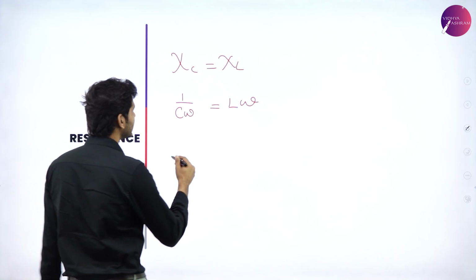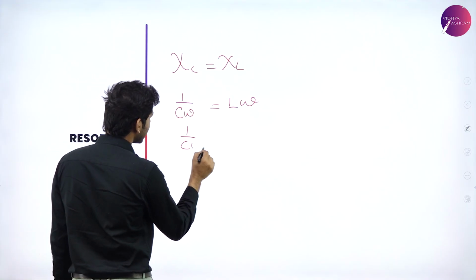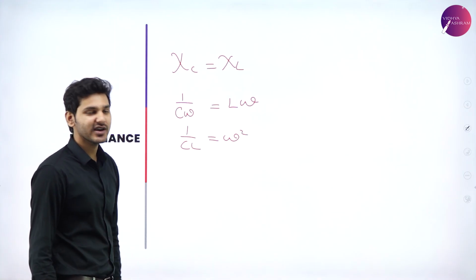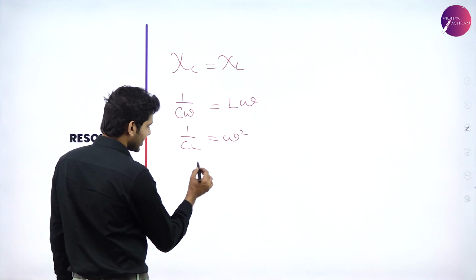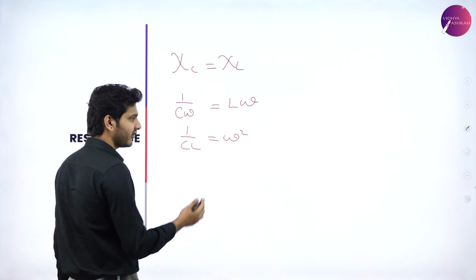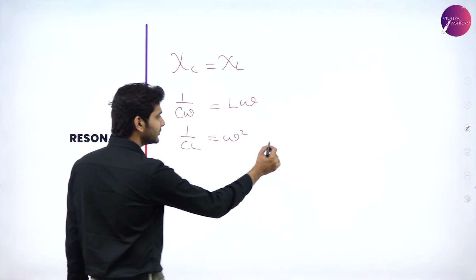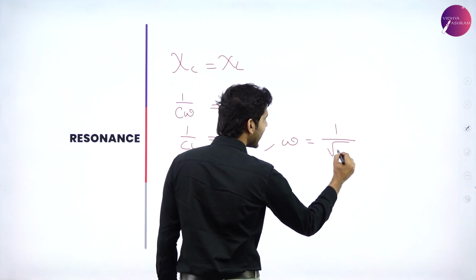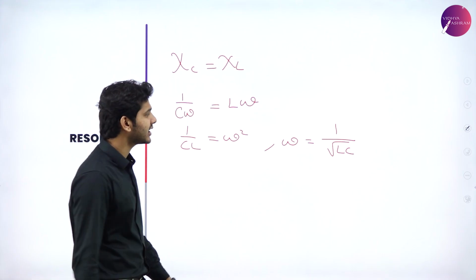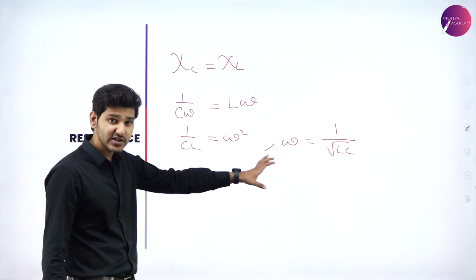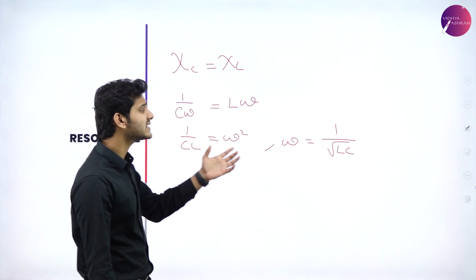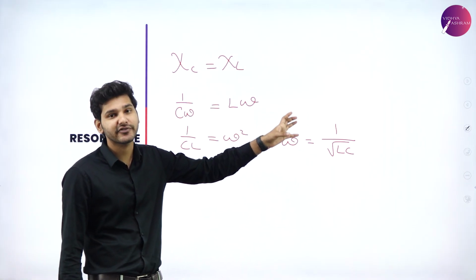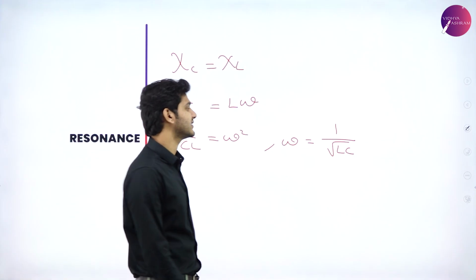Rearranging, 1 by LC is equal to omega square, or simply omega is equal to 1 by root of LC. This is the resonance condition. When omega is equal to 1 by root of LC, we have resonance.